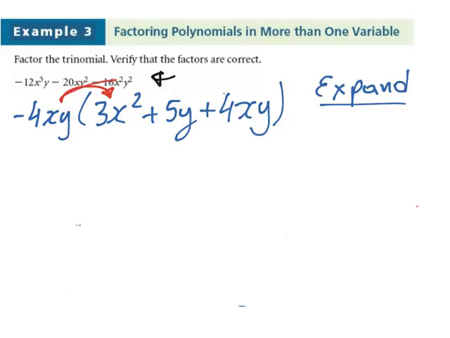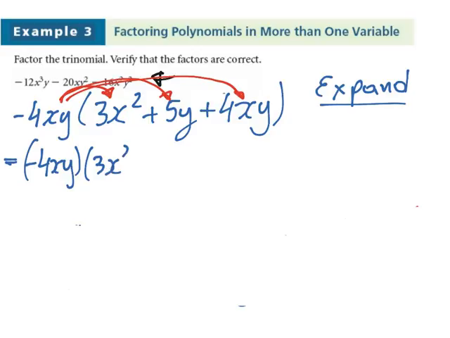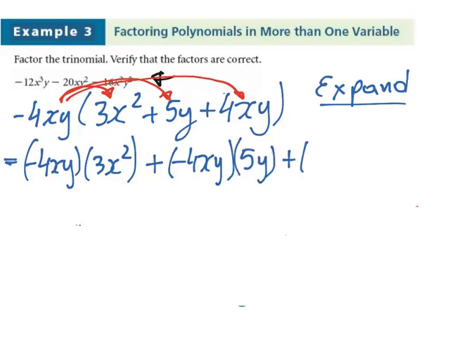So we'll have first negative 4xy, I'm going to use brackets, multiplied by 3x squared. Then we're going to multiply the negative 4xy again by 5y, and then multiply it again, negative 4xy, by 4xy, except that's a negative 4xy. So let's see what we get.